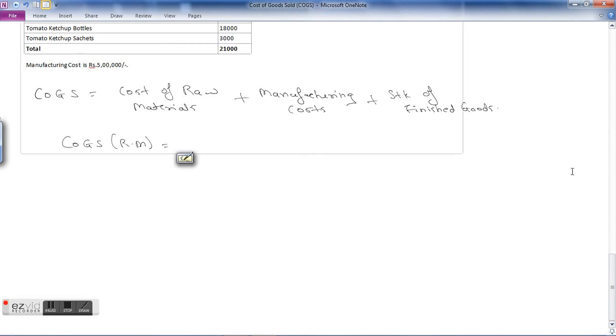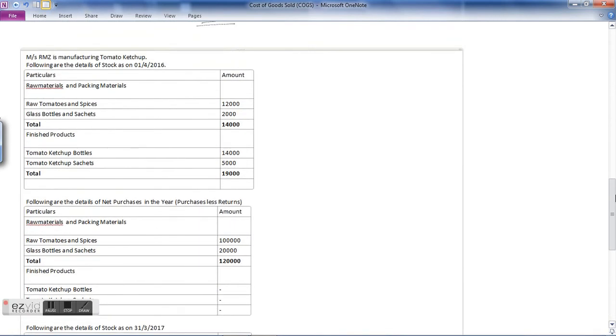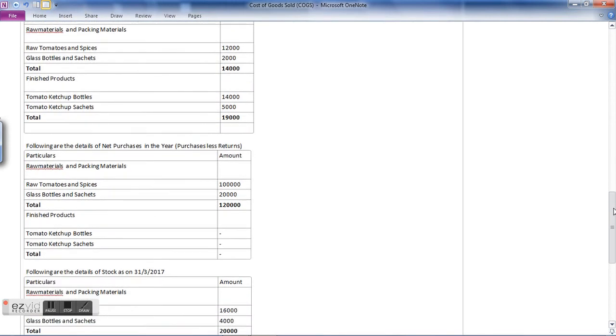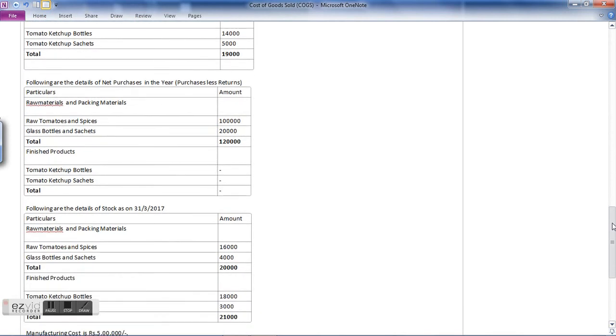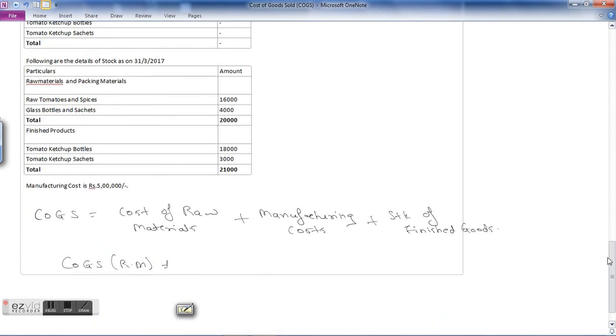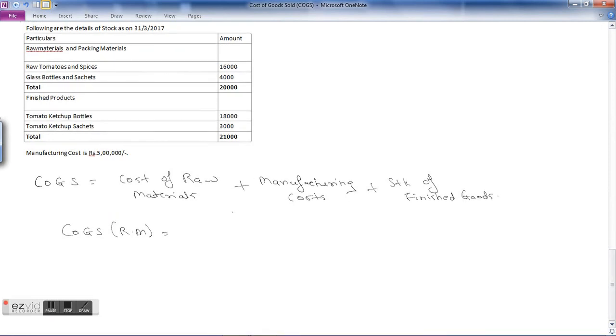Okay, so in this case the opening stock of raw material has how much? 14,000. Then purchases is how much? 1,20,000 less purchase returns, so this is already net purchases, correct. And then closing stock is how much? 20,000. So cost of raw material is opening stock plus purchases minus closing stock.